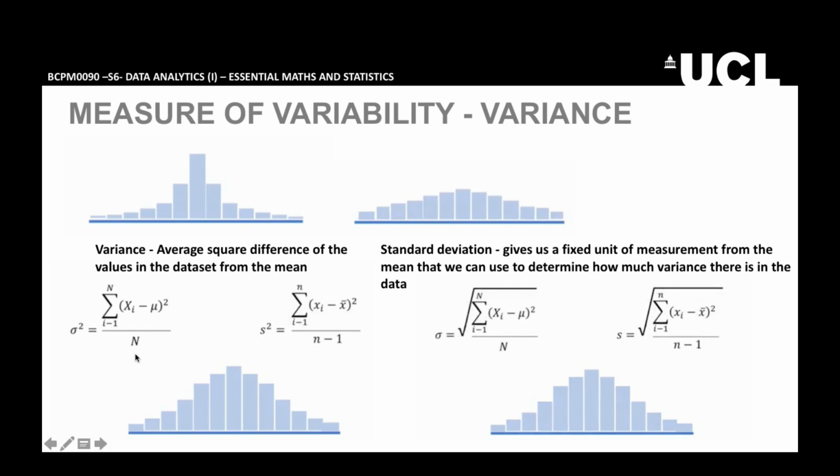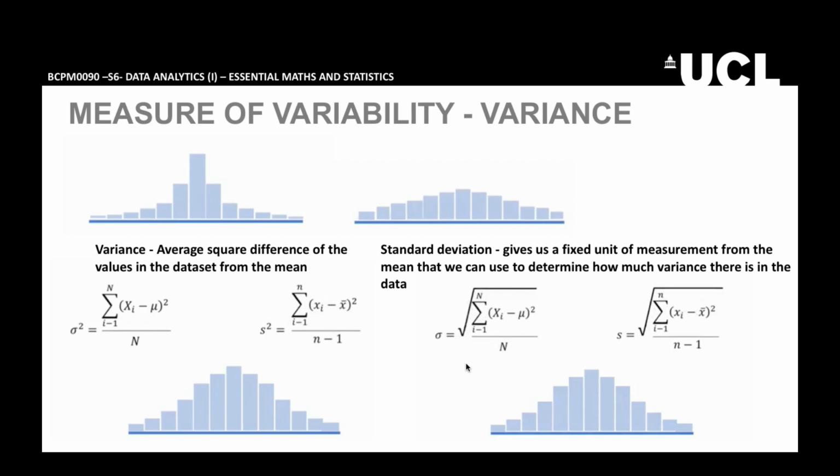Now, when we are working with a full population of data, we use the Greek letter sigma squared to indicate the variance, and we calculate it using this formula. When we are working with a sample, we call the variance s squared, and we calculate it slightly differently to allow for bias in the sample.